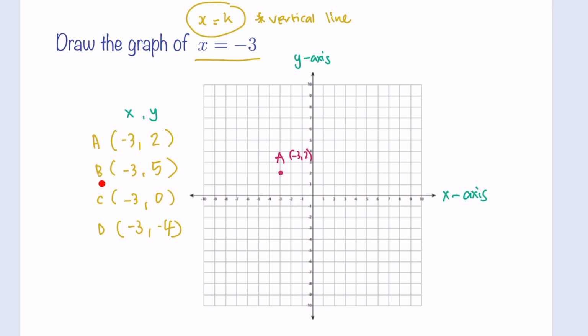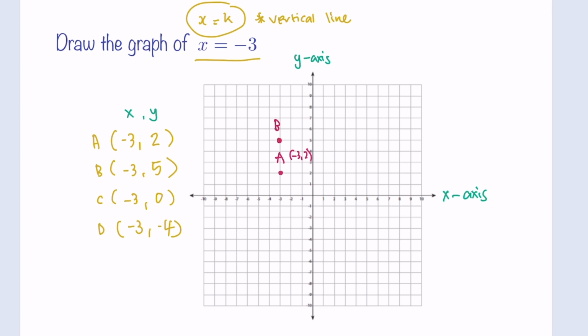Next, for my point B, I have -3 for my x, and I have 5 for the y. So starting at the origin, I need to go -3 on the x, so 3 steps to the left, and from here I need to go 5 along the y, so 5 steps up.